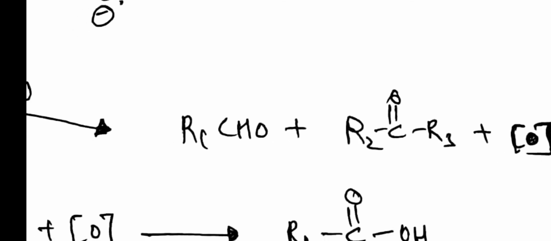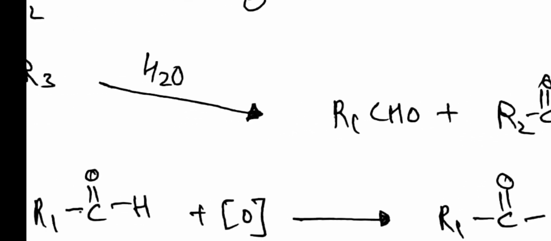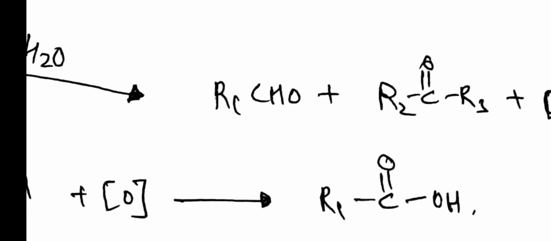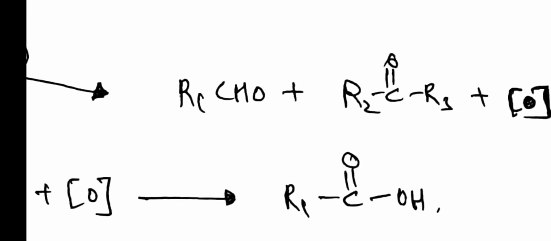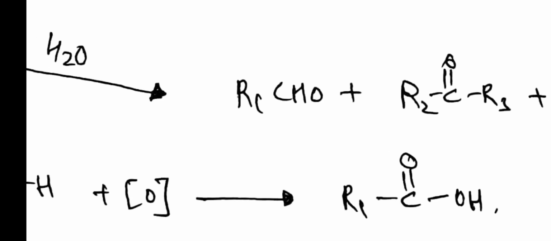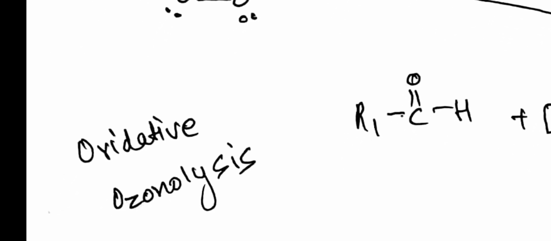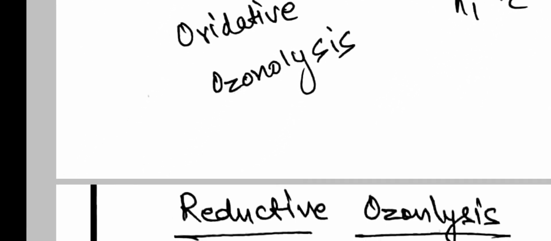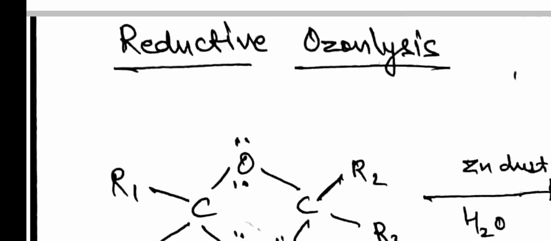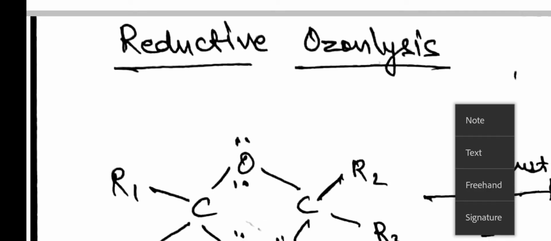Now this nascent oxygen will oxidize the aldehyde and give you the carboxylic acid of R1, and from R2 you get a ketone. This is called oxidative ozonolysis. Let us have a look at reductive ozonolysis.